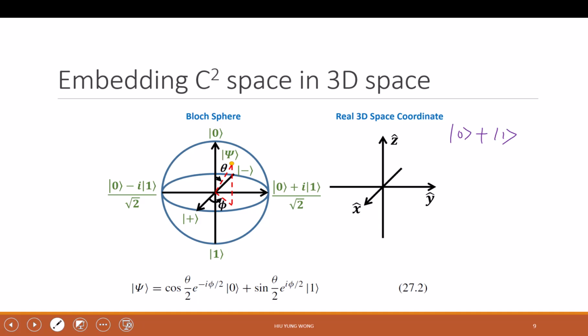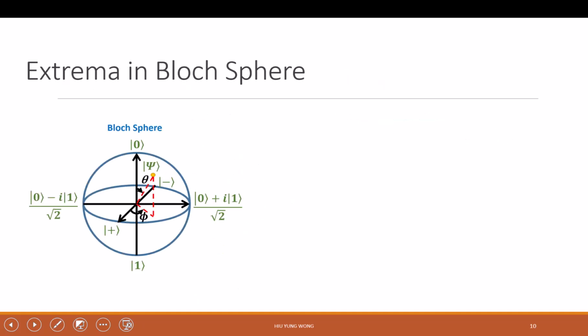And the best way to further understand this is to try to understand the extrema for now. Okay, so let me ask you. When theta equals 0, phi equals 0, where is the state?